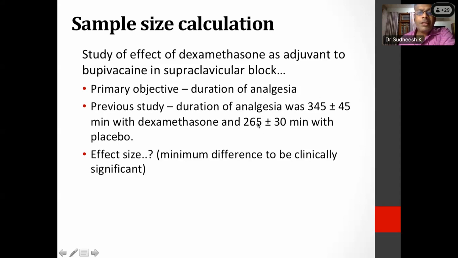To say that dexamethasone is more effective than bupivacaine alone, you have to have a certain difference between the two groups, and the minimum effect size I assume is 30 minutes. That is the minimum effect size we assume to say that group A will be better than group B. So with bupivacaine at 265, I assume that with dexamethasone it is going to be 295, that is 265 plus 30.